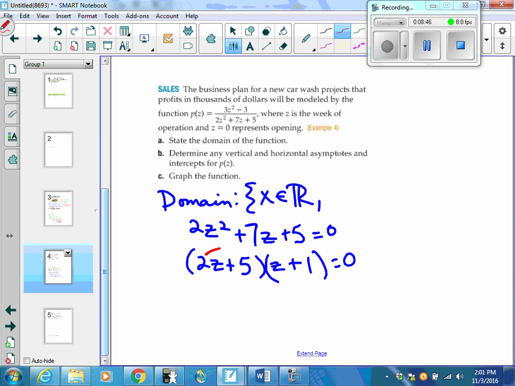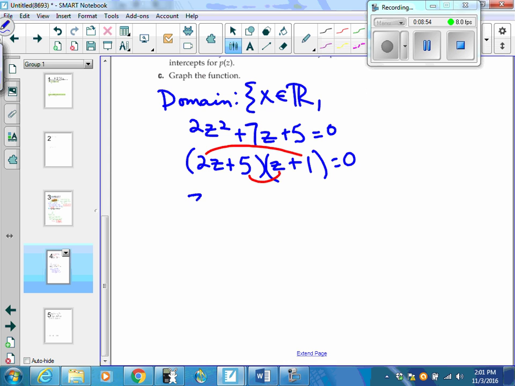And that's because my outer and inner terms are what make the middle. So 2z plus 5z would give me 7z. That gives me z equals negative 5 halves and z equals negative 1.